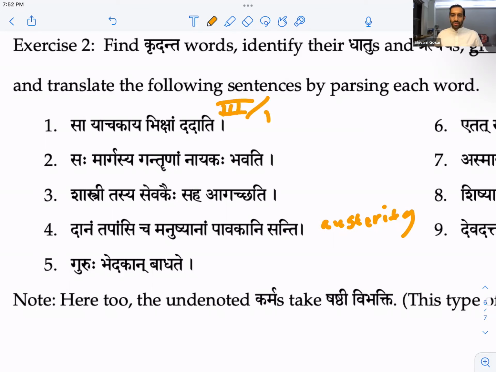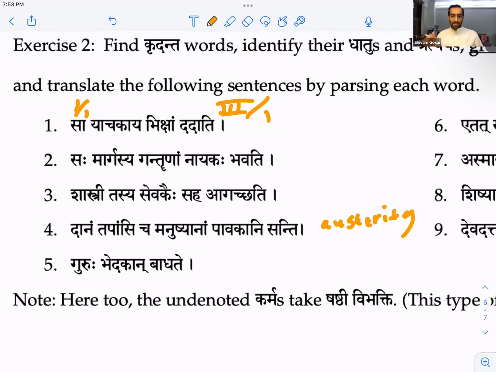Okay, third one. So we want to find the first case now, right? That goes with the verb. So yachakaya doesn't look like first case. Bhiksham doesn't look like the first case. So sa. This is tad. So we look at the pratipadika.